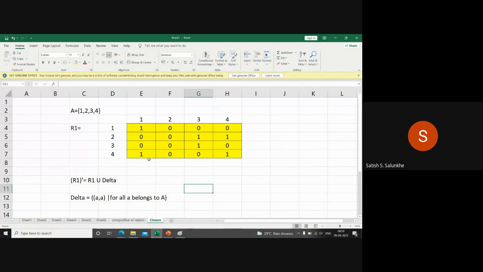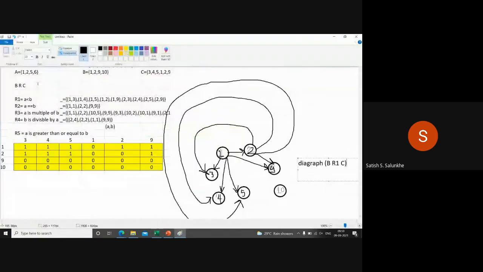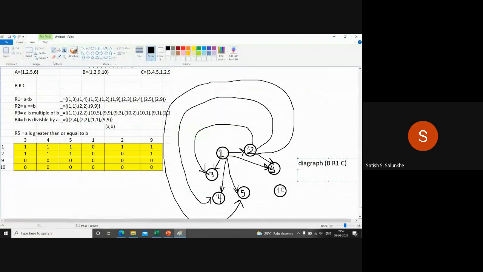Otherwise, there is an upside-down capital A symbol that can be written here: for all a belongs to A. This is what we have written here, (a, a). This is your delta.